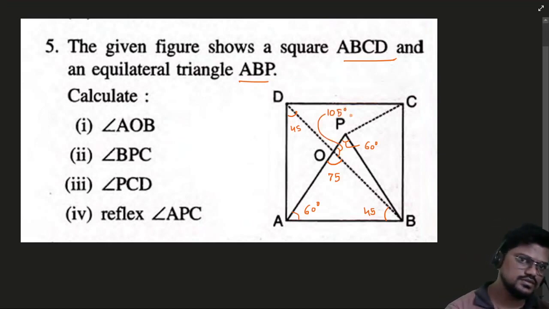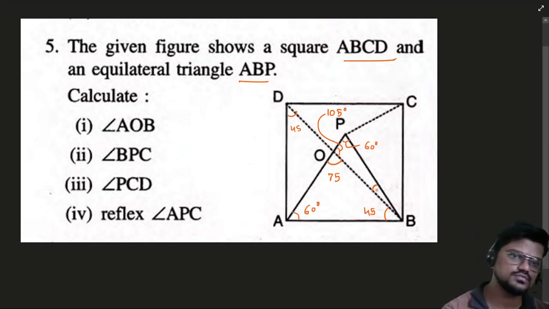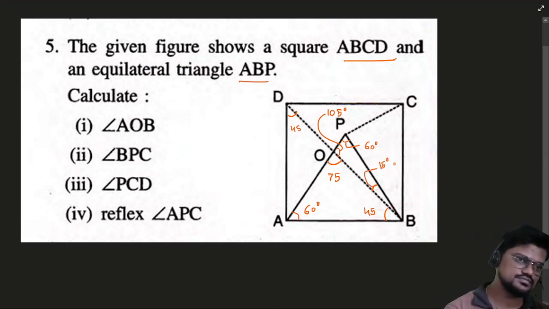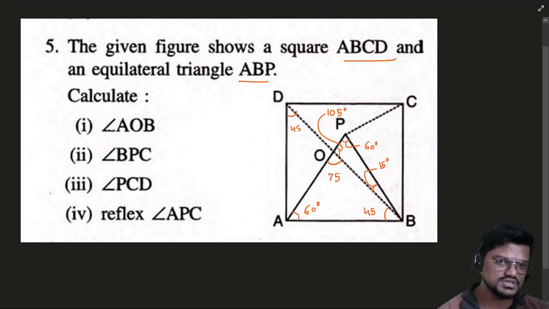If this is 105 and this is 60, what will be this angle? 180 minus 105 minus 60 gives you 15. 105 plus 60 is 165, and 180 minus 165 is 15. So angle OBP will be 15.